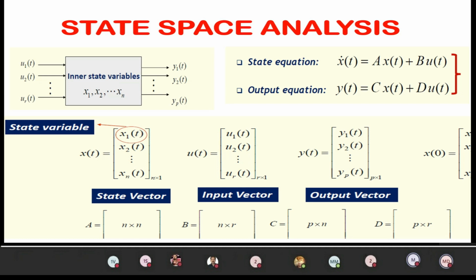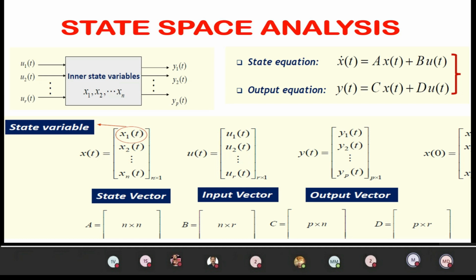If you have any control system, it consists of an input quantity u of t, an output quantity y of t, and system variables considered in terms of x of t. The state model or state space analysis of this control system consists of two equations: the state equation and the output equation.